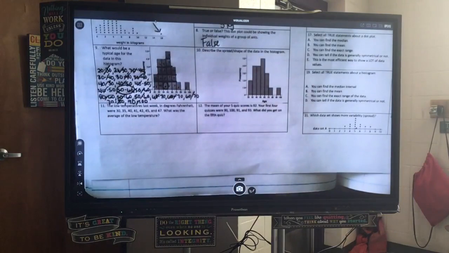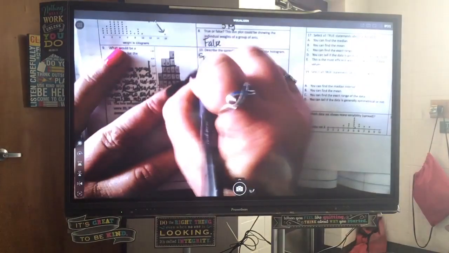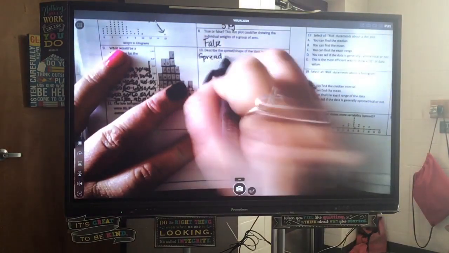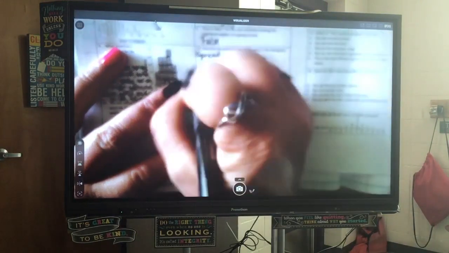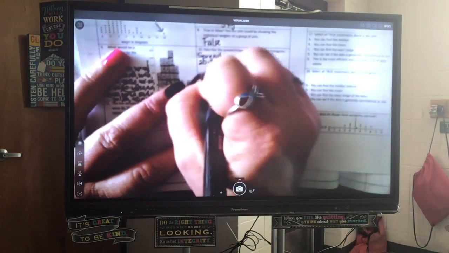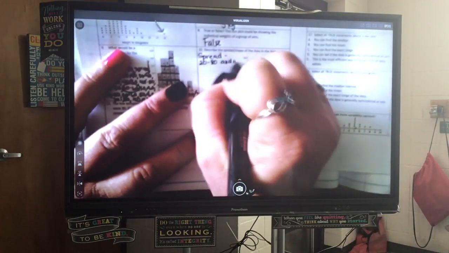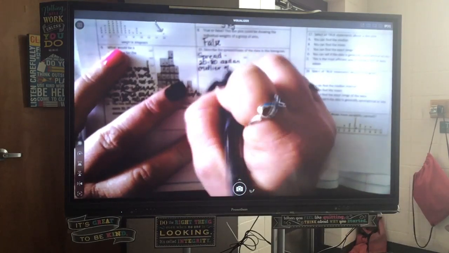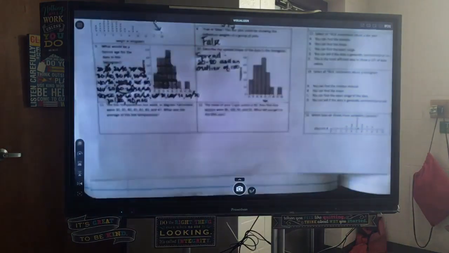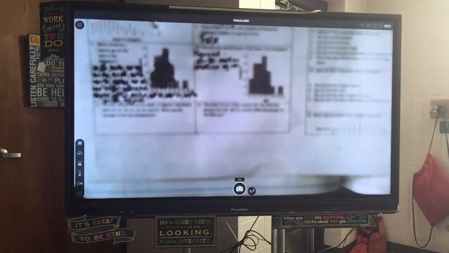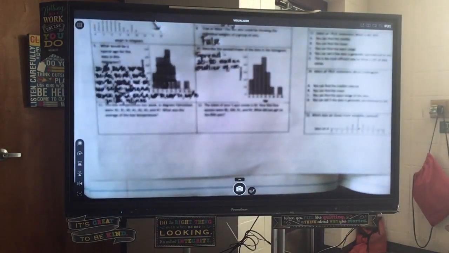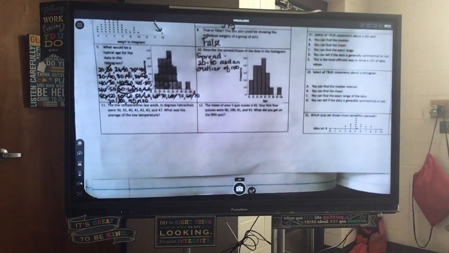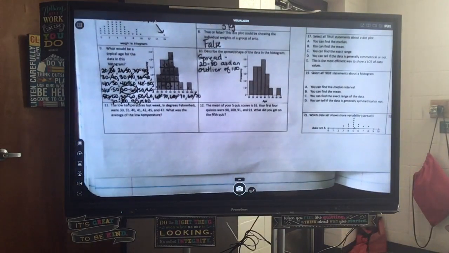It has a range from 20 to 80 and an outlier of 90 to 100. All right. What about the shape? Tell me a little bit about the shape, where the majority of the data is, maybe what the mean is.